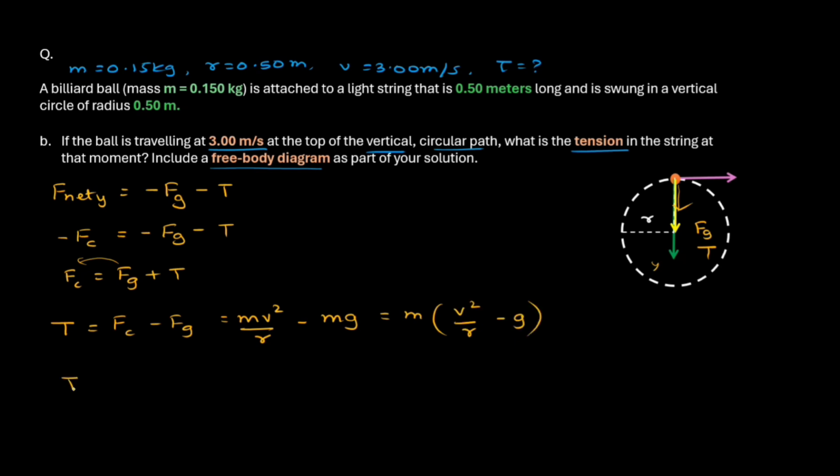Now substitute to find the tension. Mass m is 0.15, v is 3, squared, over r, which is 0.5, minus 9.81. And when you solve this, you get the tension at the top to be equal to 1.23 Newton.